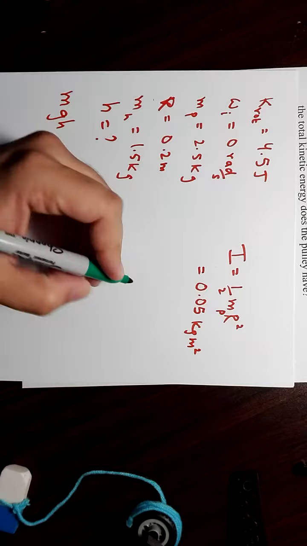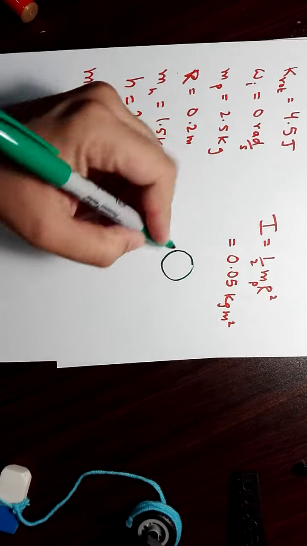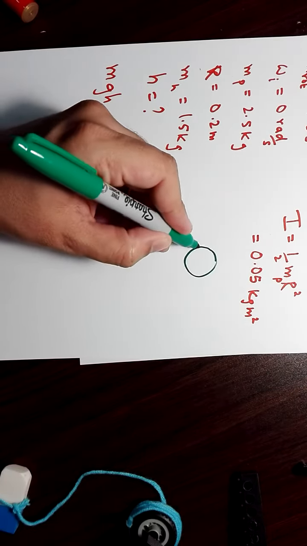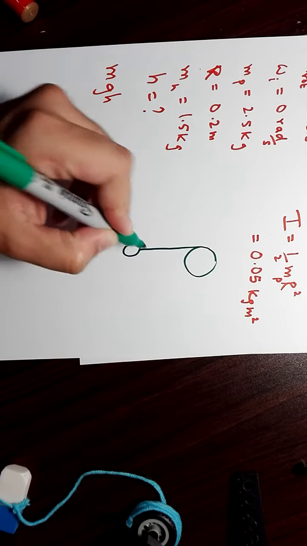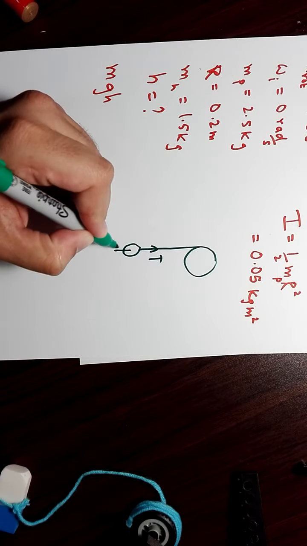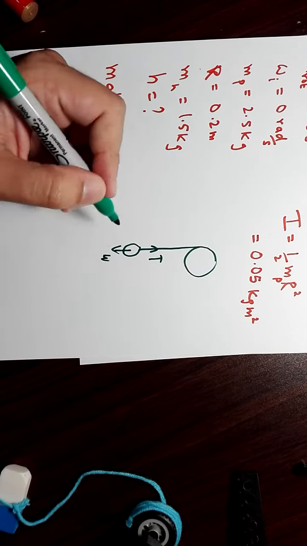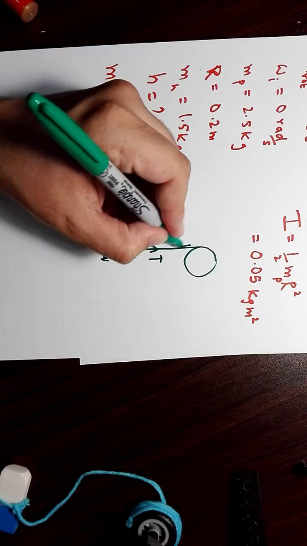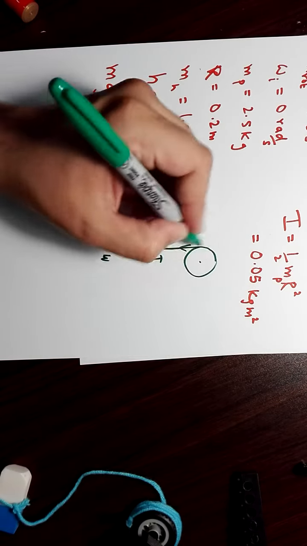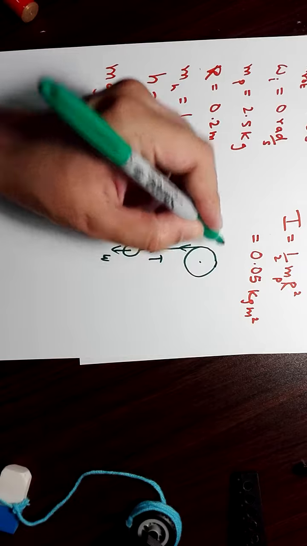So let's draw the picture so that you can see the forces. Here's the stone, there's tension over here, there's gravity over here, and tension over here. Tension is the reason the pulley is rotating, so tension provides the torque.